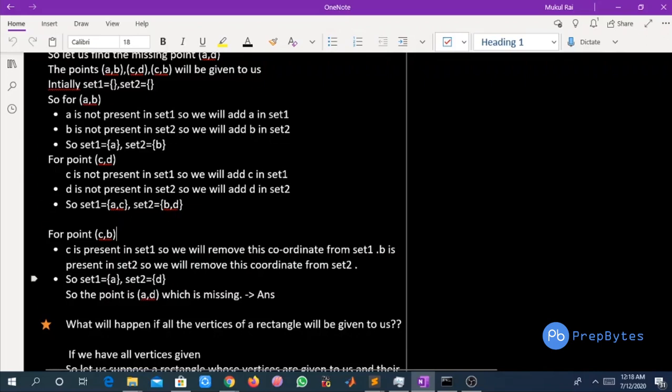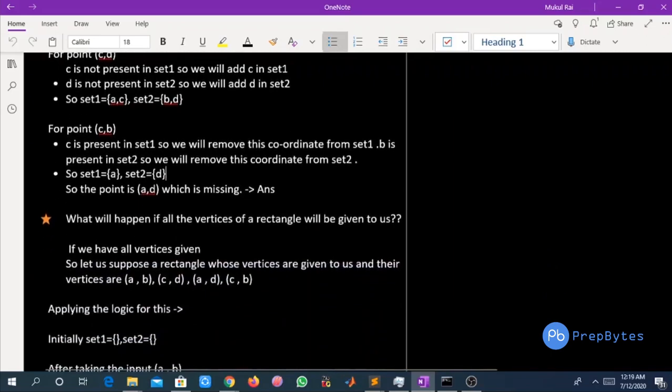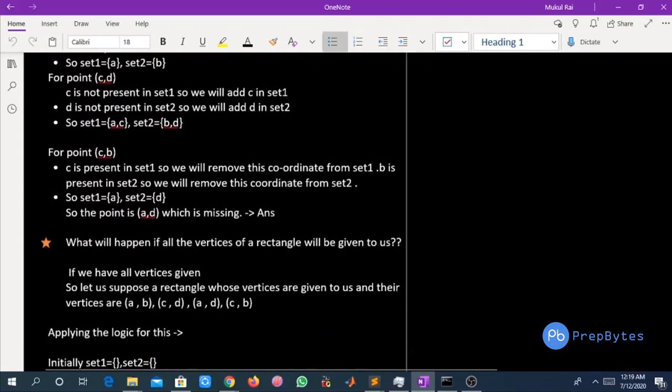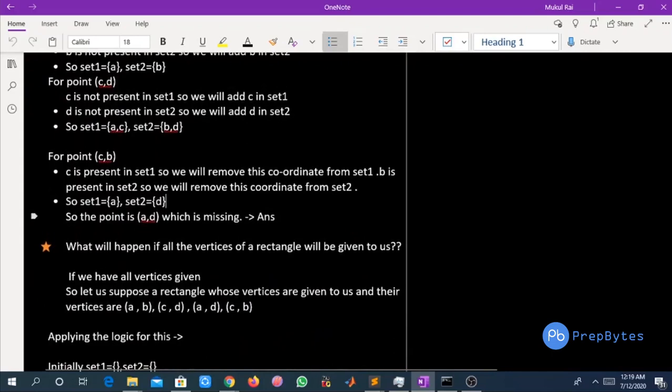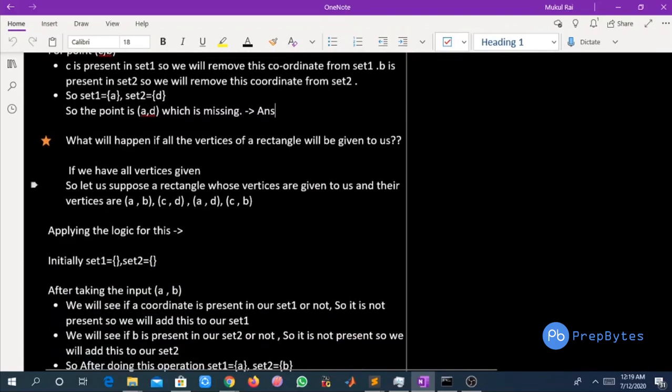After performing this operation, set 1 will contain a and set 2 will contain d. So the missing point a comma d, we have found it. The logic we discussed earlier is working for this problem.